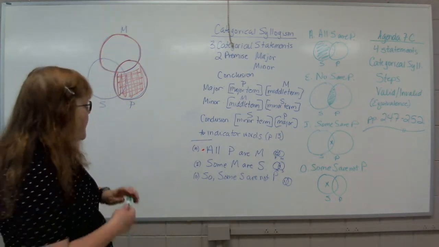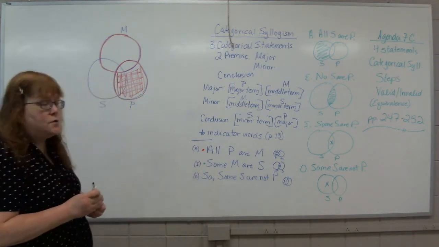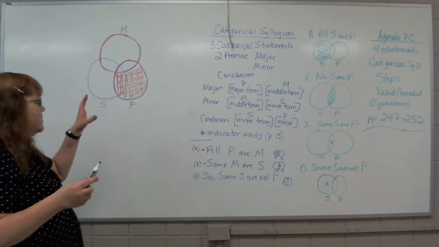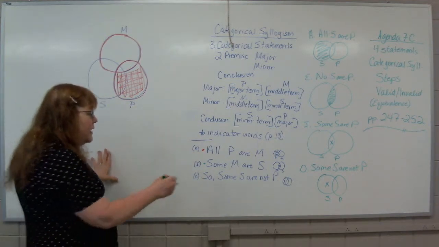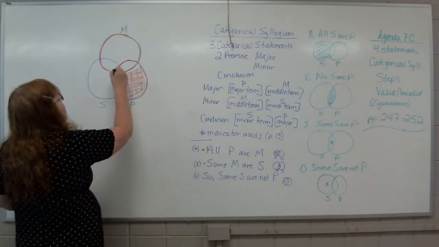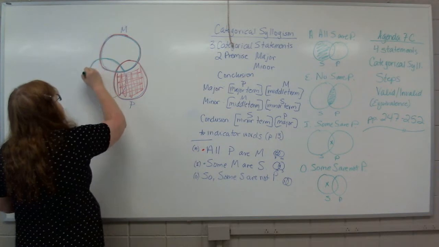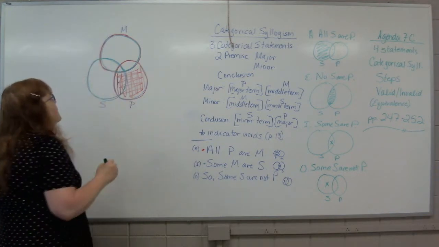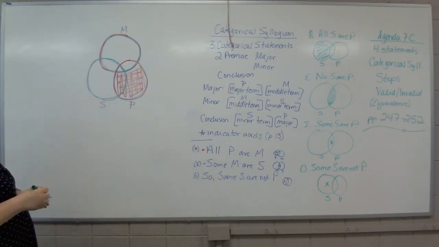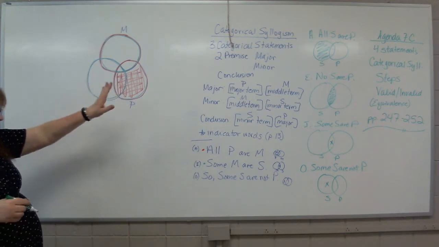The other one, this little green guy here, my apologies to those who can't see colors like everybody else does. I'm going to make it a little bit different here. So, some M are S. I'm going to look at M, and I'm going to look at S. I'm going to ignore all the mess over there in the P statement.